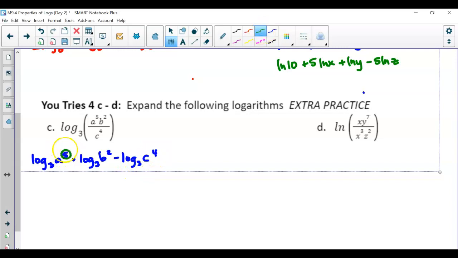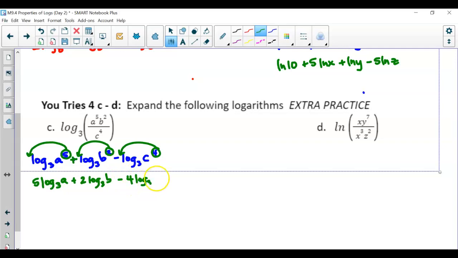However, notice you do have powers. So to fully expand, then, oops, I just put times again. My fault, guys. That should be a plus. And then bringing that down as your coefficient. So 5 times log base 3 of a plus 2 times log base 3 of b minus 4 times log base 3 of c.